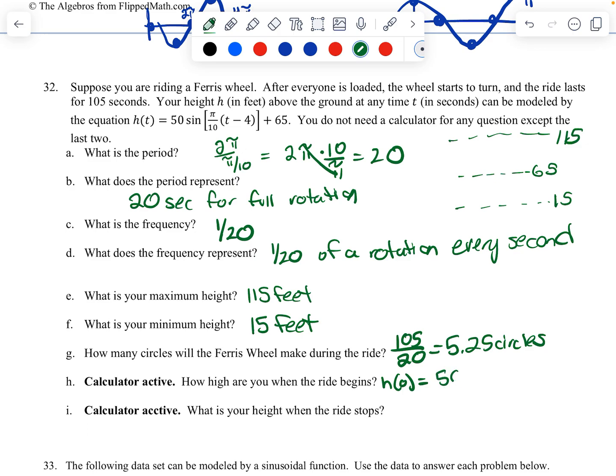So on your calculator, and again, you want to make sure you're in radians, 0 minus 4 plus 65. And you should get about 17.477. And when your ride stops, you do the same thing and plug in 105 for your x, and you should get 80.451 feet.